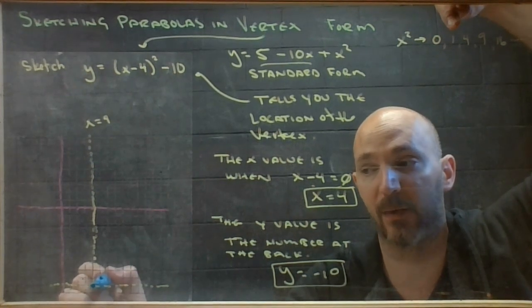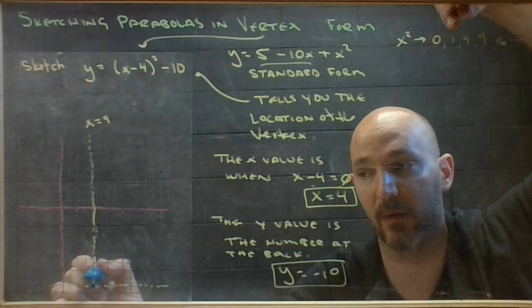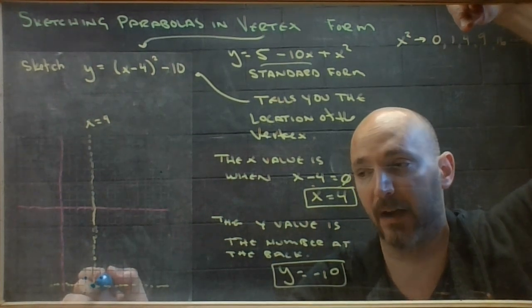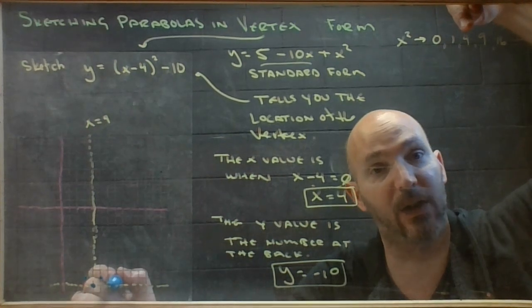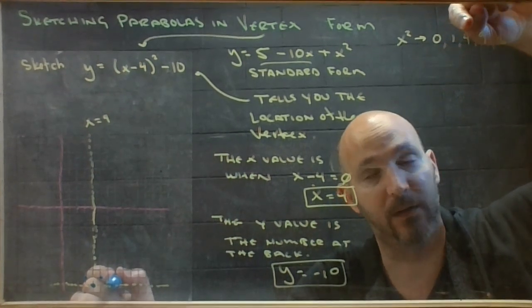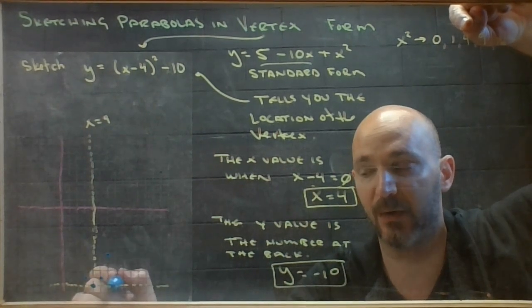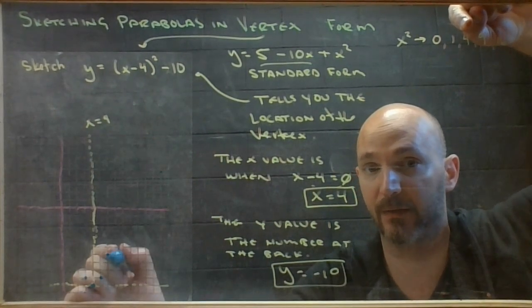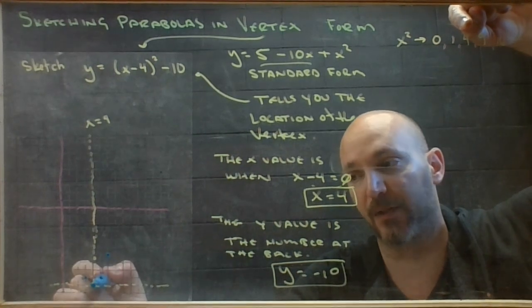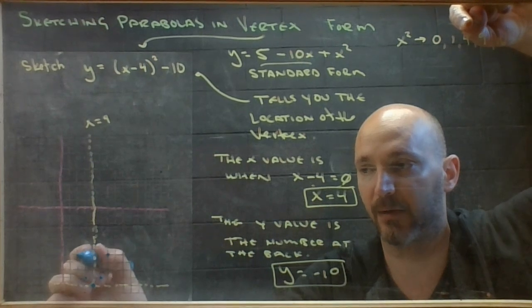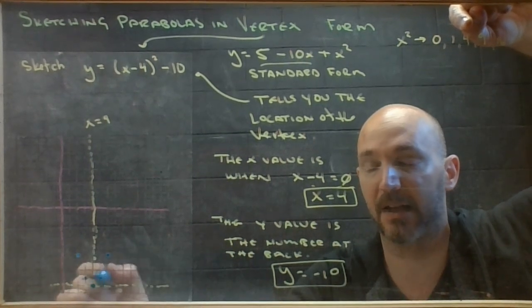Similarly, if I take one step to the left, I have to go up 1. If I take 2 steps to the right, 1, 2, I need to go up 4. 1, 2, 3, 4. Because 2 squared is 4. Other direction, 2 steps to the left, 4 steps up. 1, 2, 3, 4. Notice I'm getting these nice symmetrical pairs.